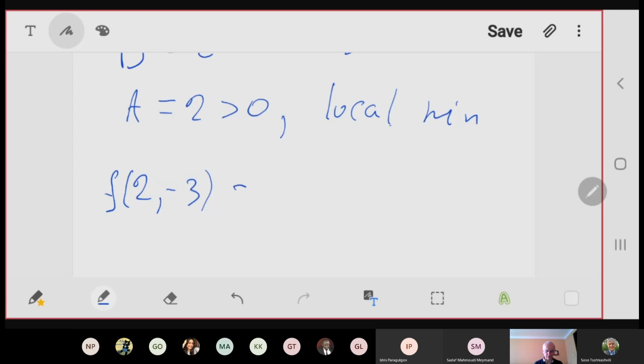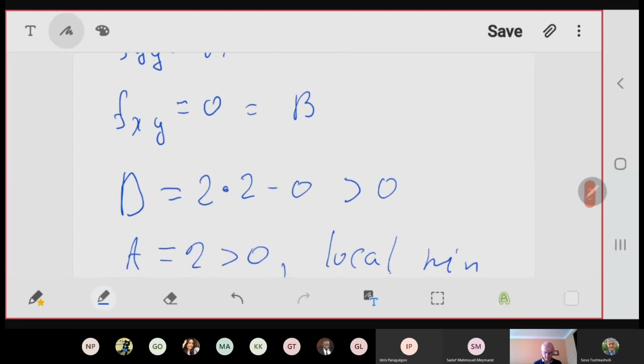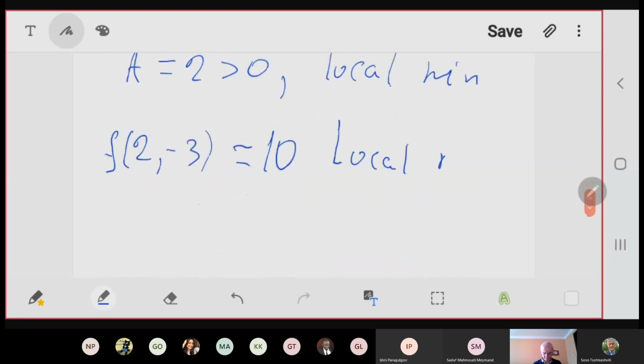Do you have an answer for this? Here it will be 10. It's easy to calculate. It's a local minimum.